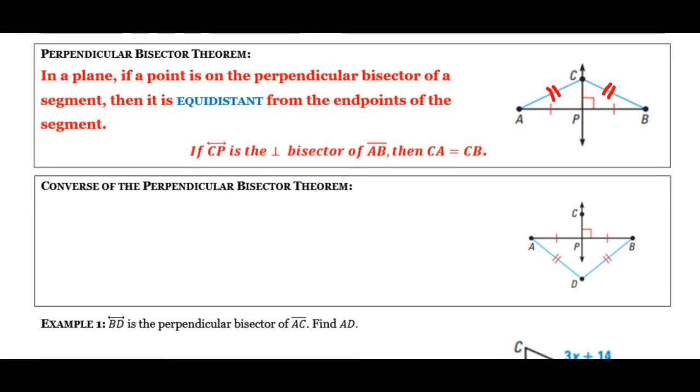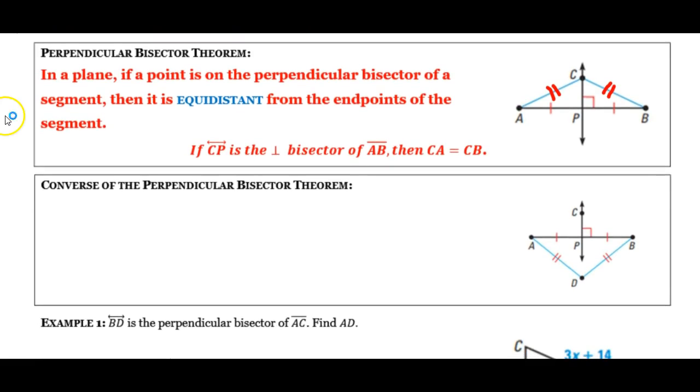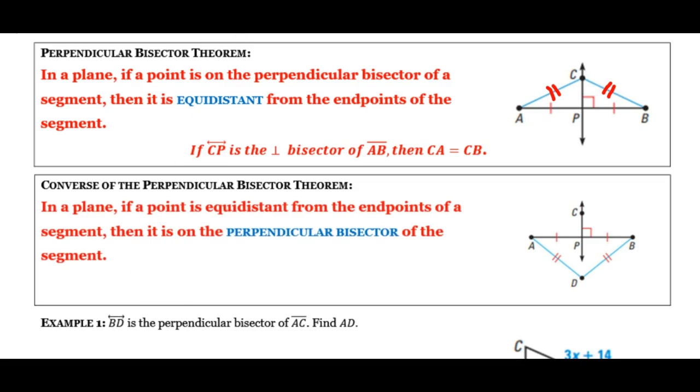Now we have a converse of that statement, and the converse says that if you have a point that is equidistant from the endpoints of a segment, then it's on the perpendicular bisector.